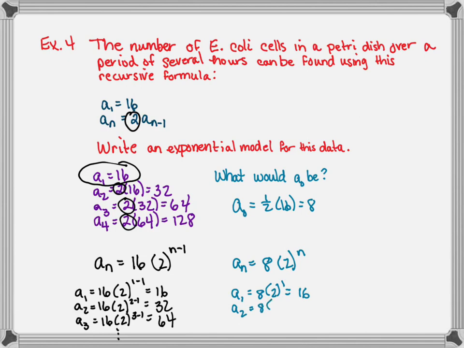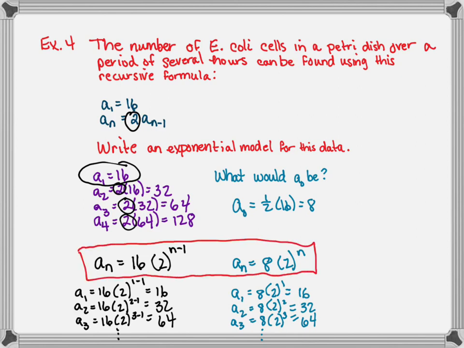A sub 2 will equal 8 times 2 squared, which is 32. A sub 3 will equal 8 times 2 cubed, which is 64, and so on. So either one of these two formulas is considered our explicit or exponential model for this data. And we could also write it using different variables as y equals 8 times 2 to the x.